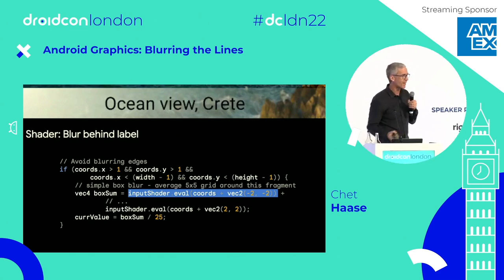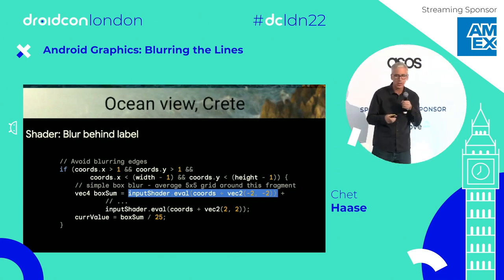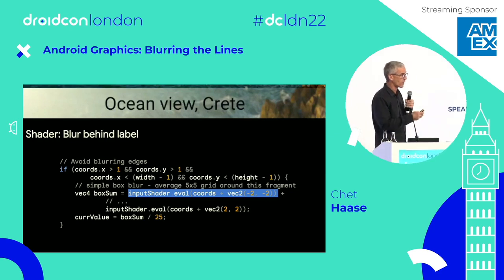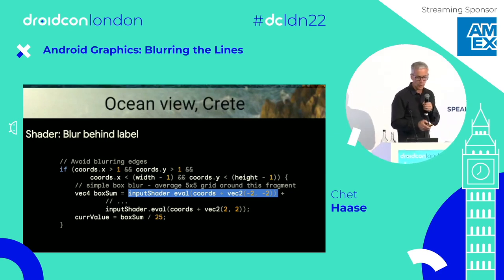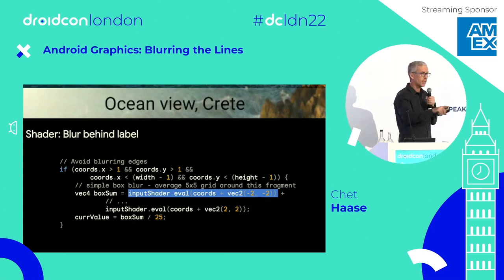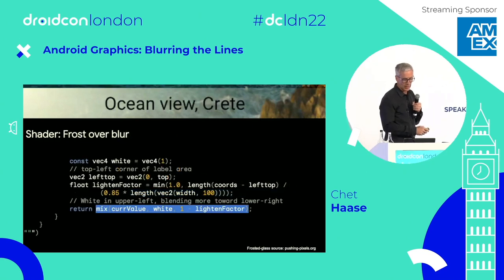Simple average. It's not as good a quality as we get with the system blur, and also it ends up taking a little bit longer, but I just wanted some sort of simple blur here running under my frosted glass effect. So we're going to get the value coming in, and we're going to sample it at all the pixels in that 5x5 radius around here and average them up to get our box blur.